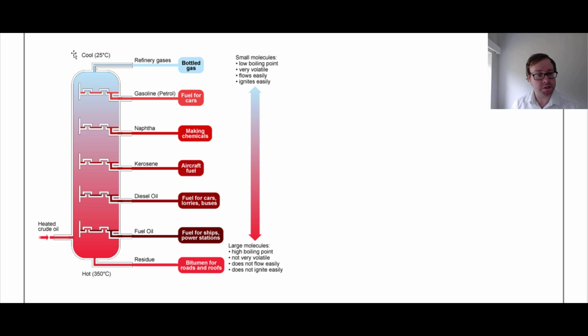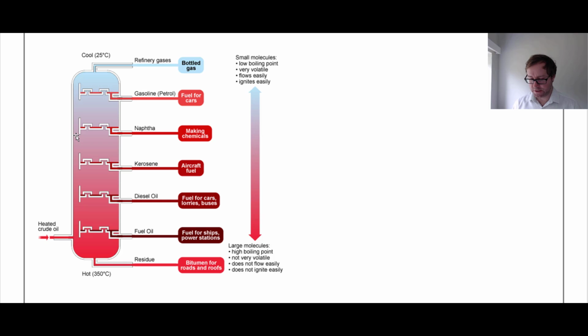So they turn into a gas, then a liquid, and condense off here. Molecules with a smaller carbon chain length will have a lower boiling point, so they will move all the way through the column and start to condense up here.